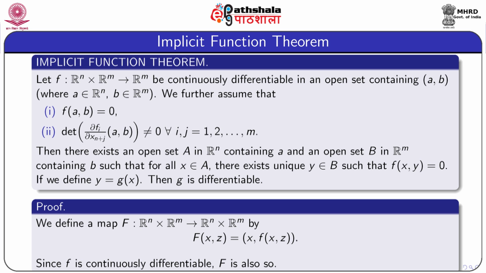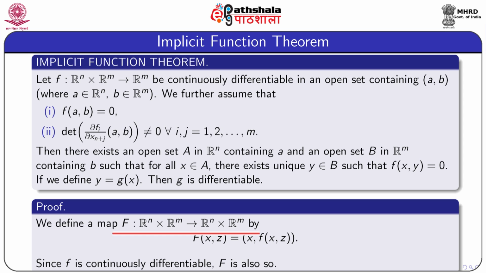Then there exists an open set A in Rn containing A and an open set B in Rm containing B, such that for all x in A, there exists a unique y in B such that f(x, y) equals 0. If we define y equal to g(x), then g is differentiable.